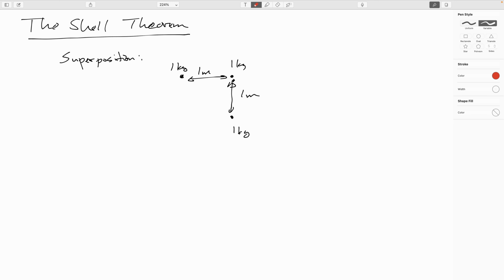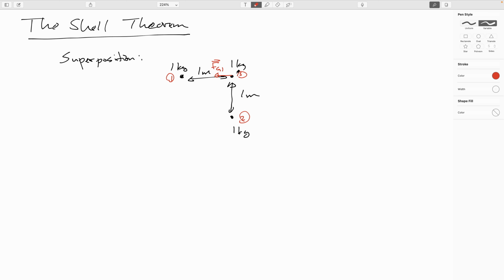Now, the miracle of superposition is that what I can first do is pretend that these two objects are the only two in the universe and figure out the gravitational force due to this one. So let's call that object number 1. This is FG1. And then this object we'll call object 3, and this one object 2.